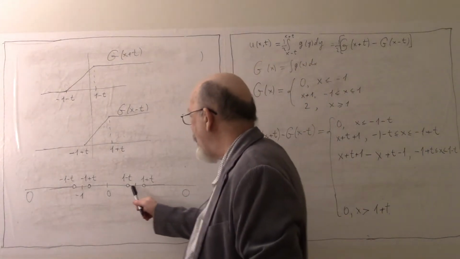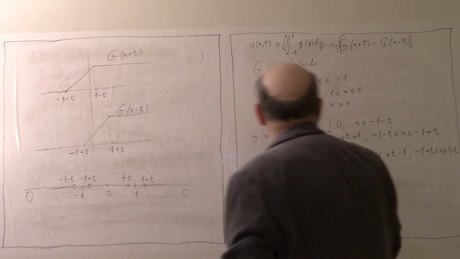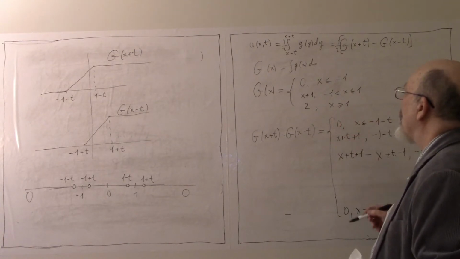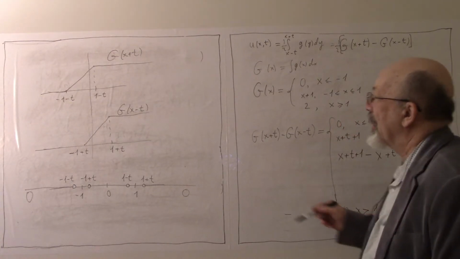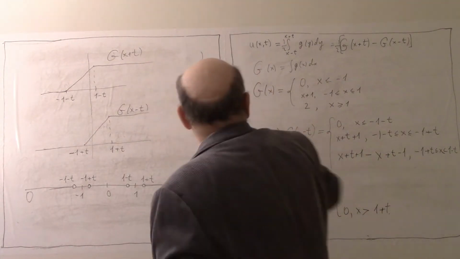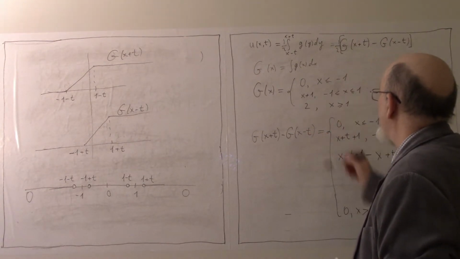Now, when we are between 1 minus t and 1 plus t, then this term is already 2, because we are already here. And the second term is given by this.